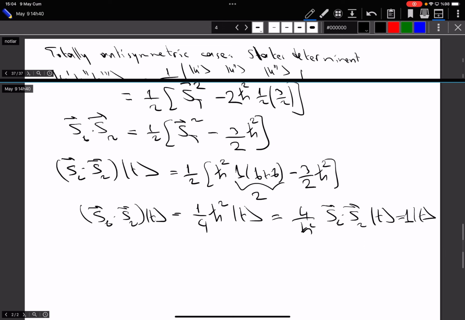Now let me do the same thing for the singlet state. The singlet state has S total 0. S total acting on the singlet state just gives me 0.